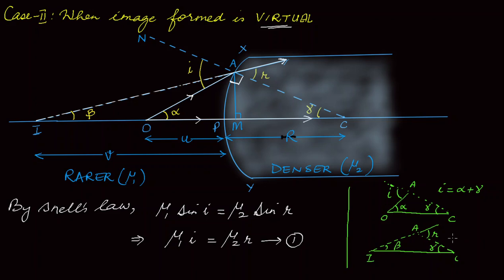So from here we get r is equal to beta plus gamma. Is that clear? So in this equation we write mu1, instead of i we write alpha plus gamma. Mu2, instead of r we write beta plus gamma.